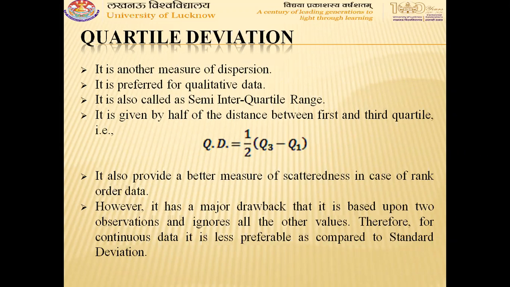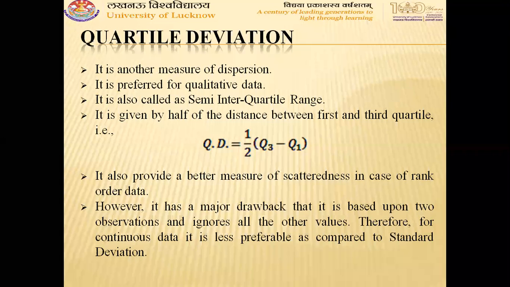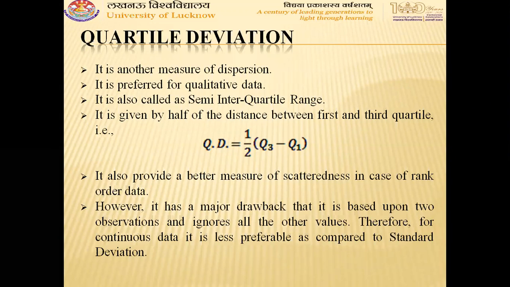So for qualitative data, another measure of dispersion is defined, which is called quartile deviation. It can also be called semi-interquartile range. Semi means half, and interquartile range means the difference between the maximum and minimum quartile. The maximum quartile is called the third quartile, denoted by Q3, and the minimum quartile is called the first quartile, denoted by Q1.